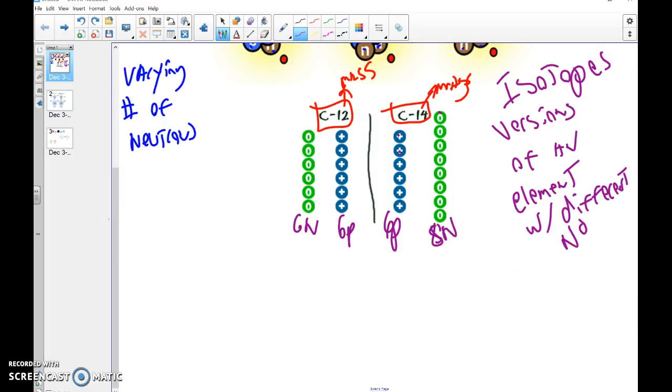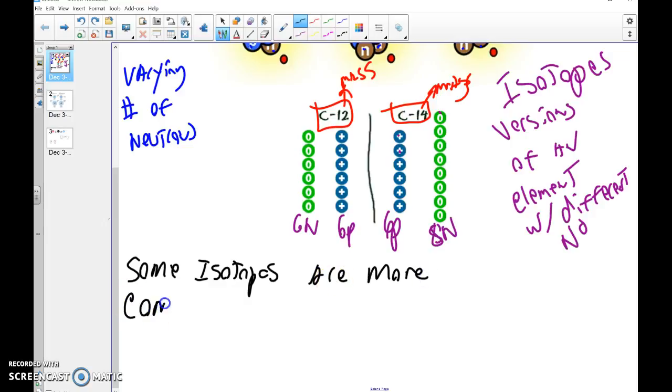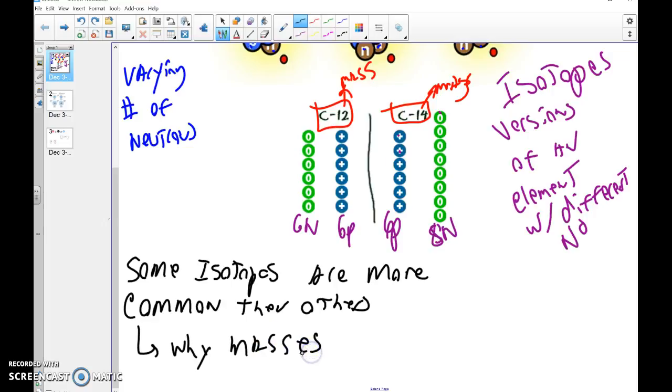Now, this is going to be a subtle thing, but it's going to be very important. Some isotopes are more common than others. Okay? Some isotopes are more common than others. That's why the mass number is decimals. The decimals represent a percent average.